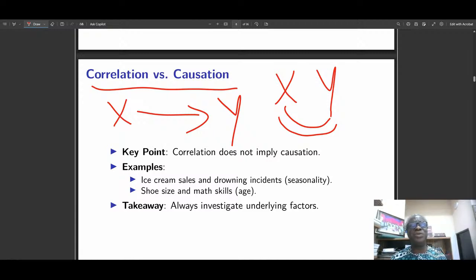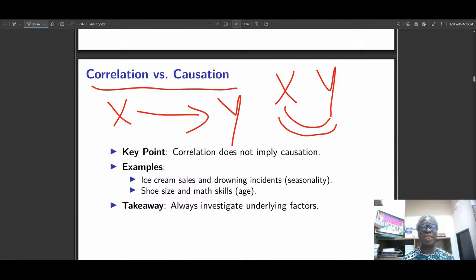So when you analyze, as we have just done, that there is a relationship, it does not imply that one is causing the other. It only implies that there is a relationship. There is an association.